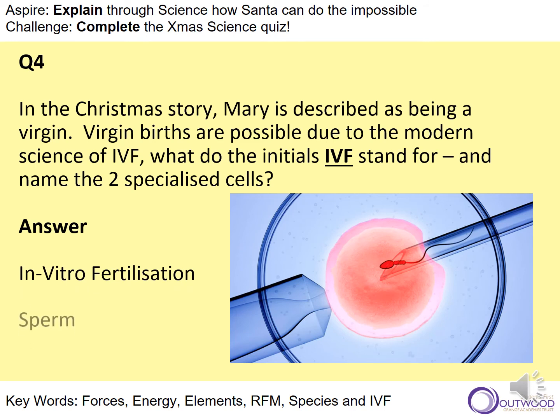And the 2 specialised cells are a sperm and an egg. That's 3 points. You're welcome to stop the video, because I did say in the original question that if you wanted to tell us a bit more about where sperm and egg are made and how they get to the point of fertilisation, then just pause the video and you can have a discussion over it. But otherwise, it's worth 3 points.